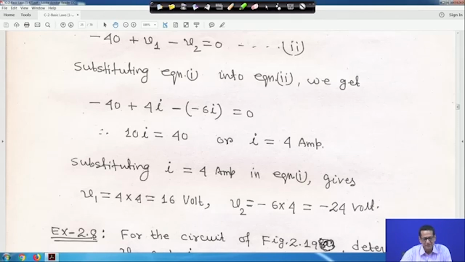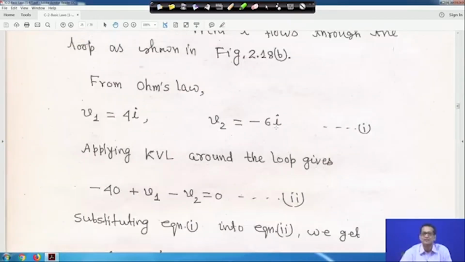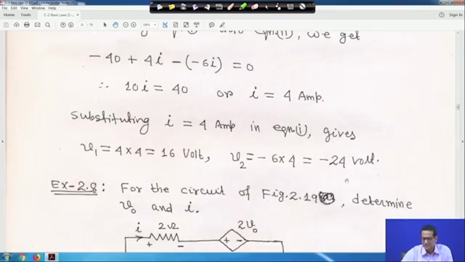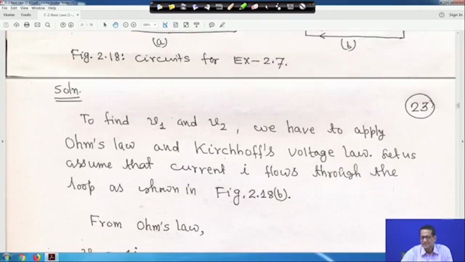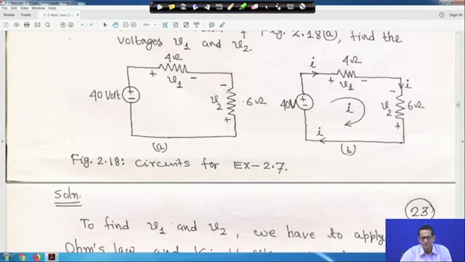V2 is equal to minus 6 into 4, that is minus 24 volt. V2 is equal to minus 24 volt means the marked polarity is reversed: the terminal marked minus is actually plus, and the other is minus. Understandable to you, right.